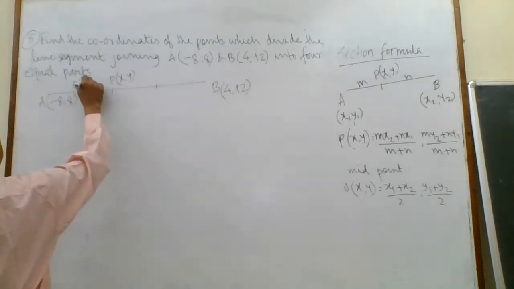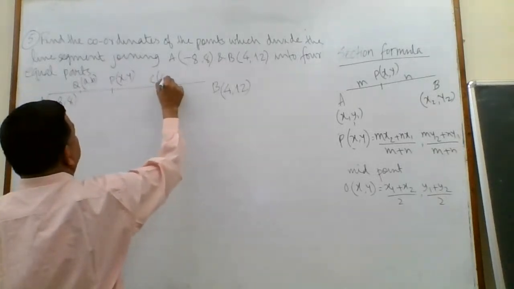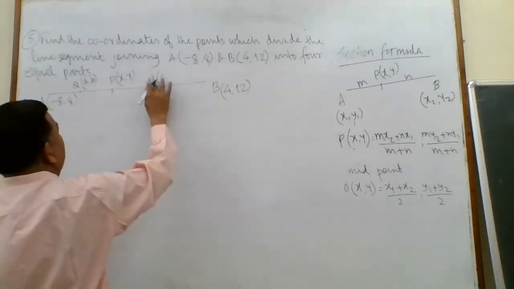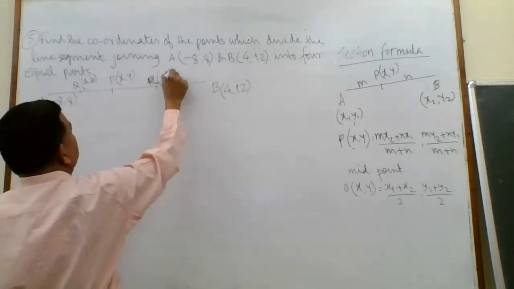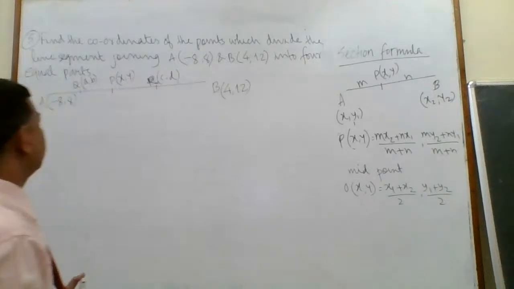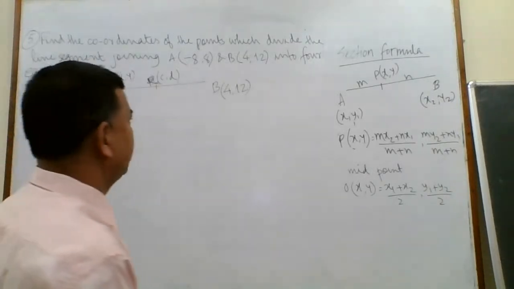Second point is Q. Suppose we are taking it as small a, b. Coordinates should always be in small letters. And suppose the third point is R. Its coordinate is C, D. So we have to get P, that is the value of XY, then Q, that is the value of a and b, and lastly R, that is c and d.